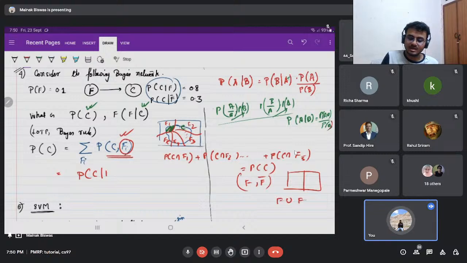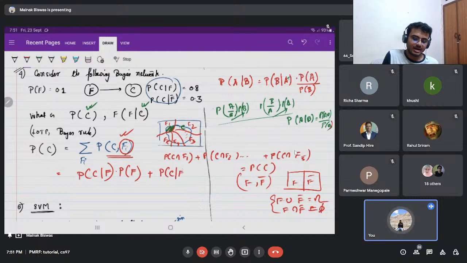F union F complement is the entire set, and F intersection F complement is the empty set, isn't it? Yes, sir. So this can be used as exclusive and exhaustive events. So P of C given F into probability of F plus probability of C given F bar into probability of F bar. Is that okay? And this is nothing but probability C comma F plus probability of C comma F bar. I've written it in the form of Bayes rule.